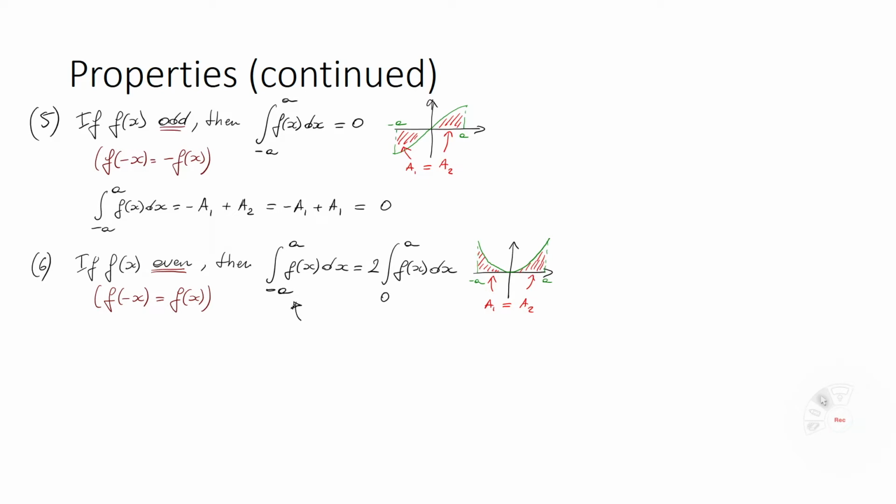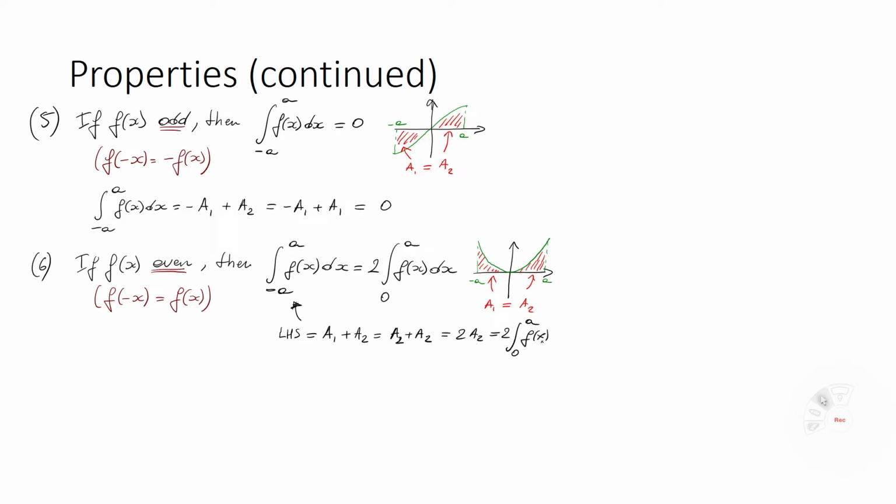So the integral on the left hand side here is a1 plus a2, because the function in this case is above the x-axis, and that then is 2 times a2, and a2 we can also write as the integral from 0 to a f of x dx.